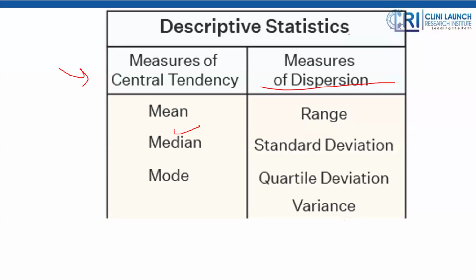There are so many things. In mean also, you have arithmetic mean, geometric mean, absolute mean, and in deviation you also have absolute deviation. There are a lot of things, but we are studying with respect to clinical trials and biostatistics. We use the most common things: mean, median, and mode here. And here we use range, standard deviation, quartile deviation, and variance.